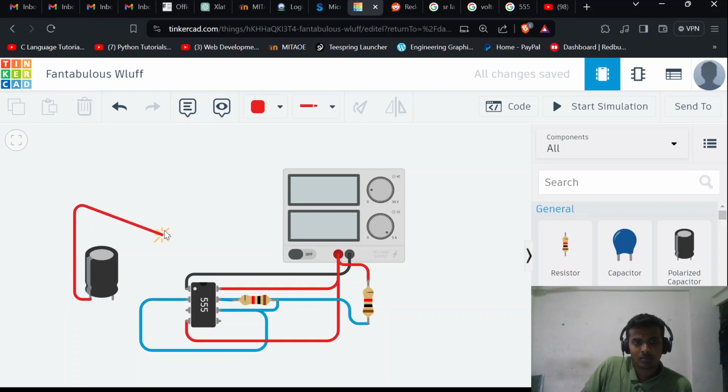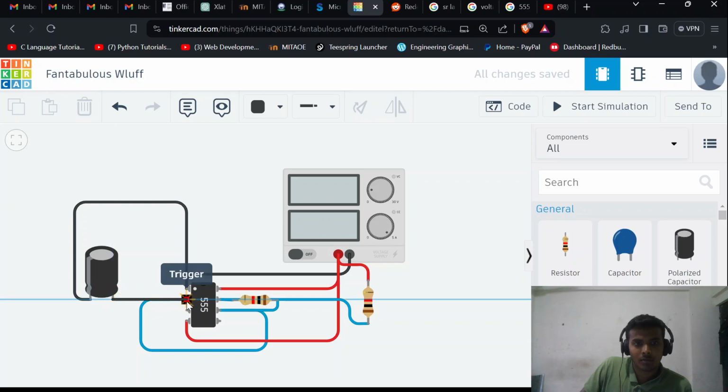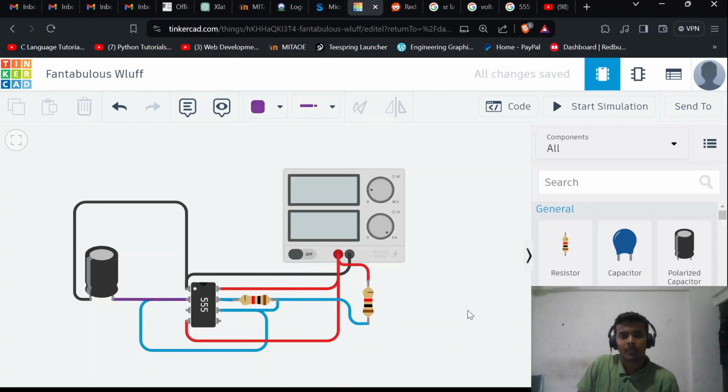I didn't need to make this big of a connection, but okay, let it be for now. And then this will get connected to pin number 2. Color is, let's say, purple. I have connected two resistors, one capacitor.